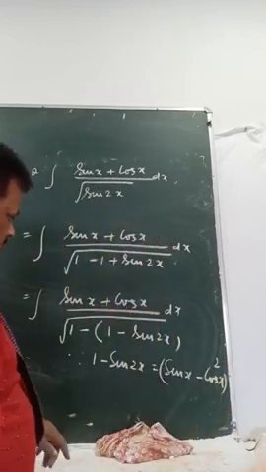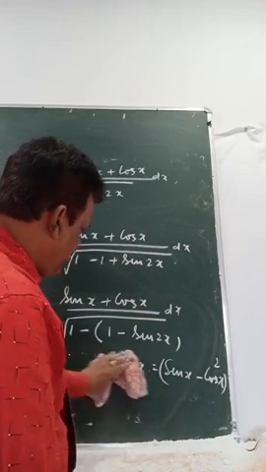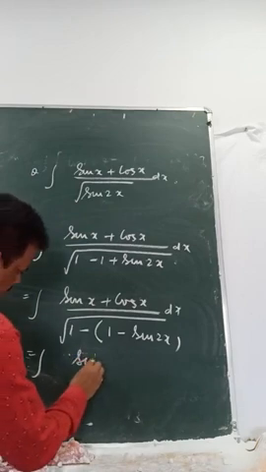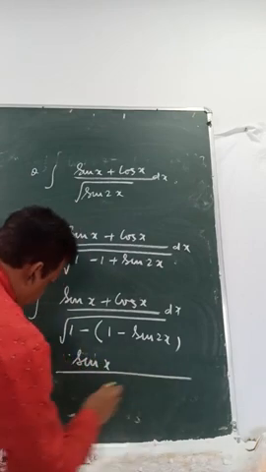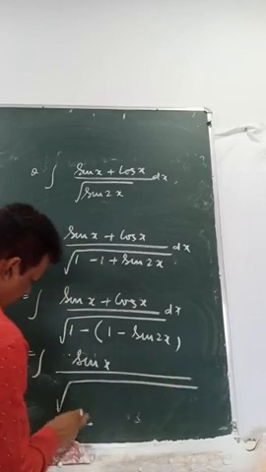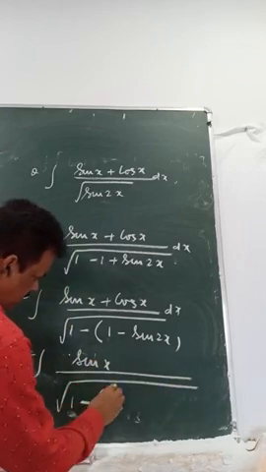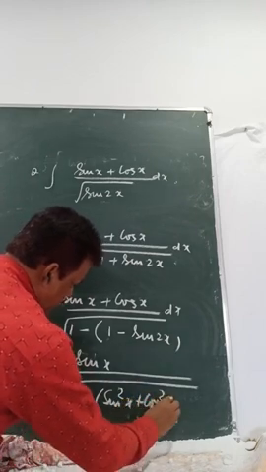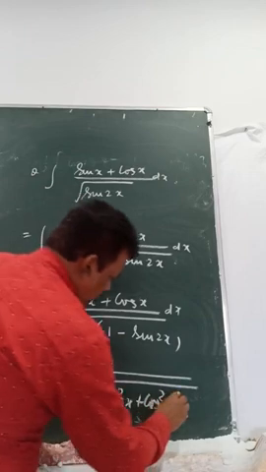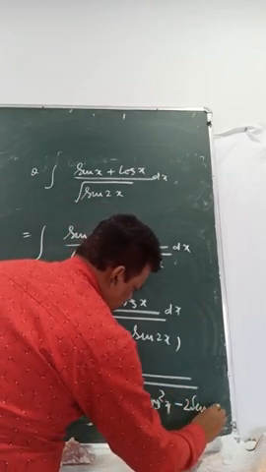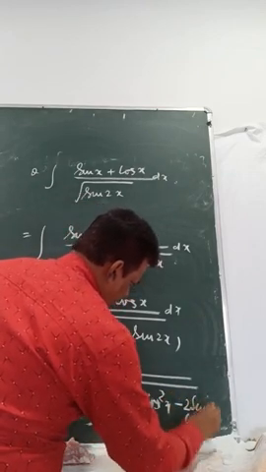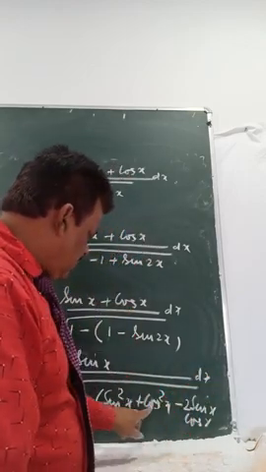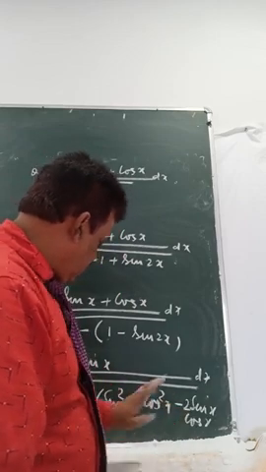Why? If you can't remember this, you can write a step here: 1 minus, this is your sin²x + cos²x, and this one is minus 2 sin x cos x. This I hope you can remember: a² + b² − 2ab is (a − b) whole square.